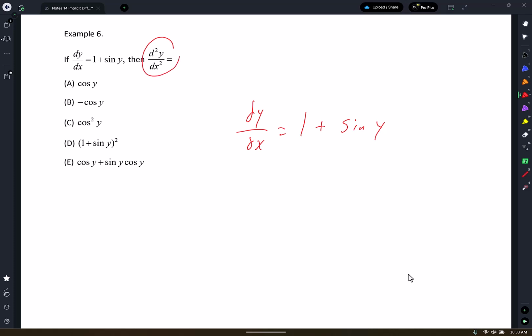So what does this mean again? Second derivative. So here it is. What's the derivative of sine? Cosine. It's not negative, just cosine.